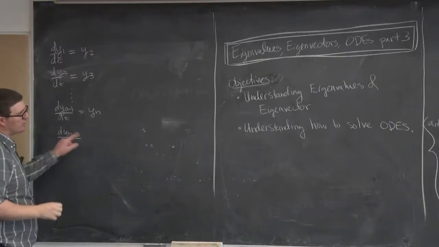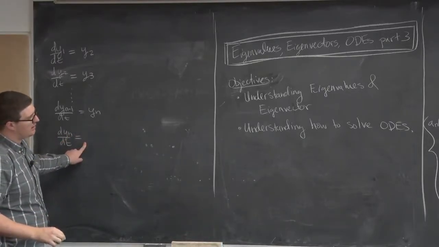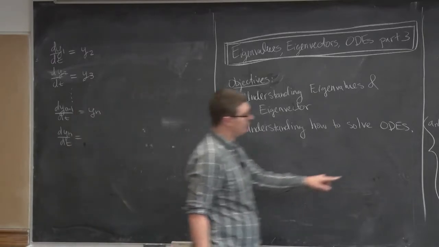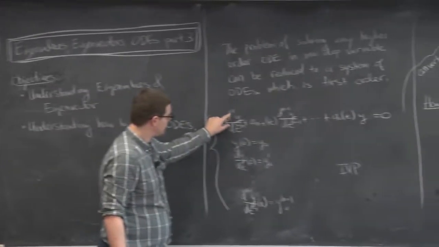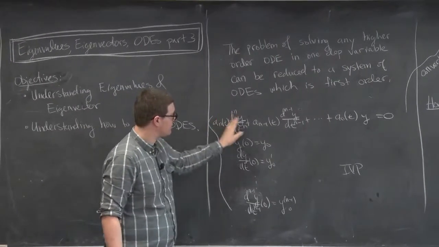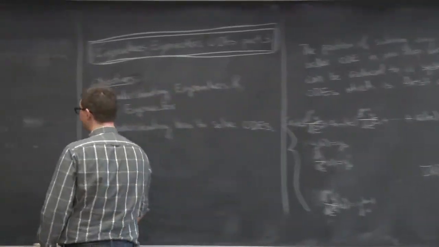And now we use our original equation. Okay, and we use this equation here. So once we take the derivative of this, we get this term, and then we have to bring everything to the other side.